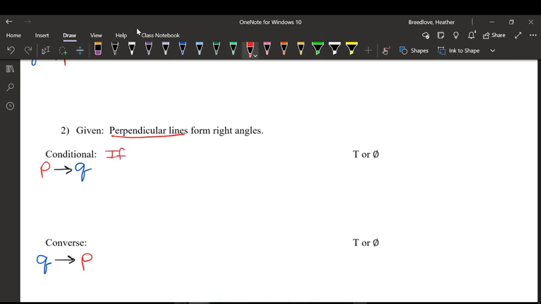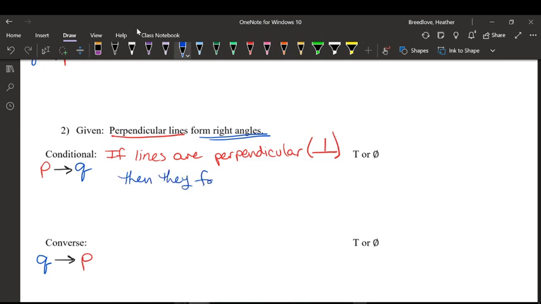So if lines are perpendicular, and the symbol for perpendicular is the upside down capital T. I know that was in yesterday's assignment and not everyone knew that. Upside down capital T, that means perpendicular. All right, and then I'm going to use the right angles to make a conclusion. Then they form right angles.